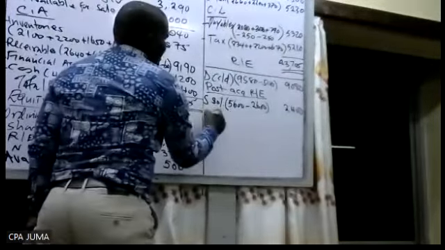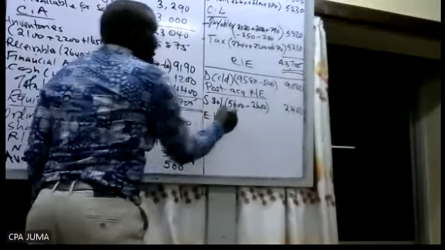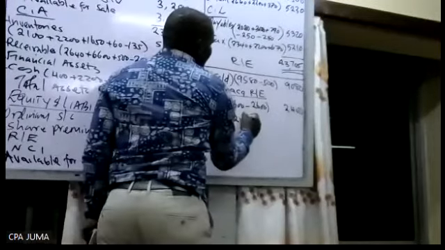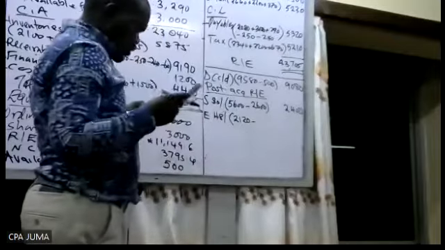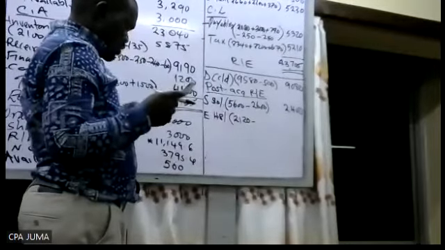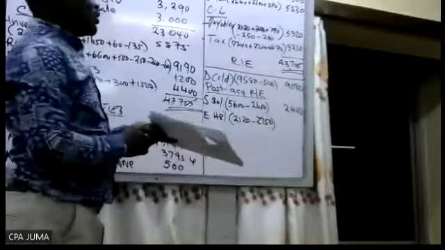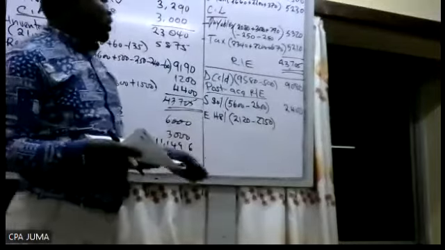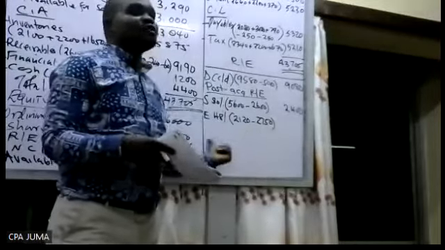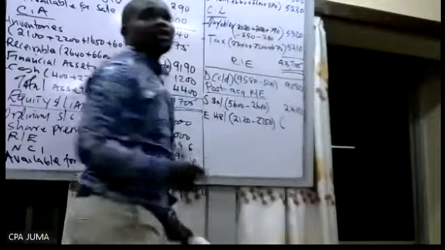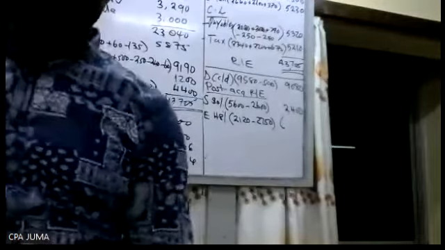Then E, they will take 48%. Check E in the balance sheet. 2120. E in note 2, we say 2750. That is negative. Okay, but you're in the right direction, so no problem. So 2120 minus 2750, 48%. What will you get is a loss. A loss of how much? 302.4.